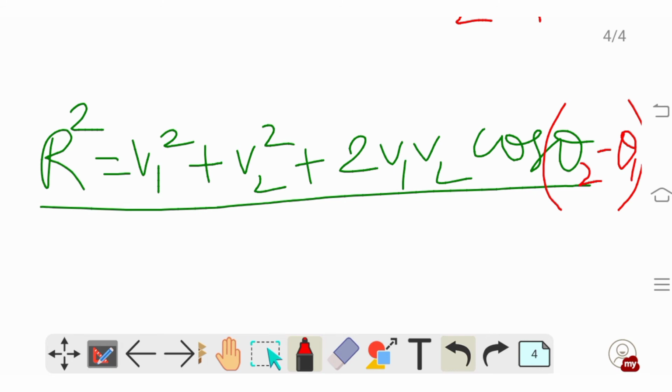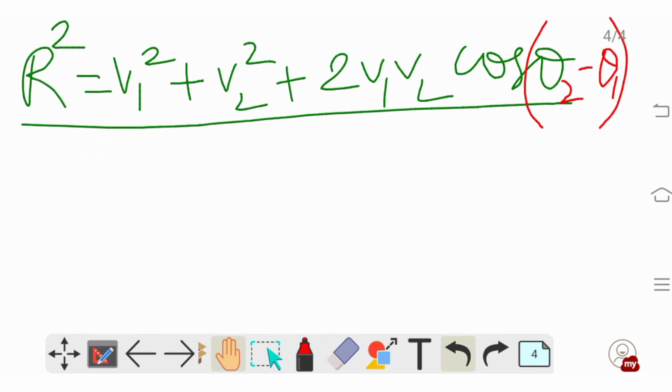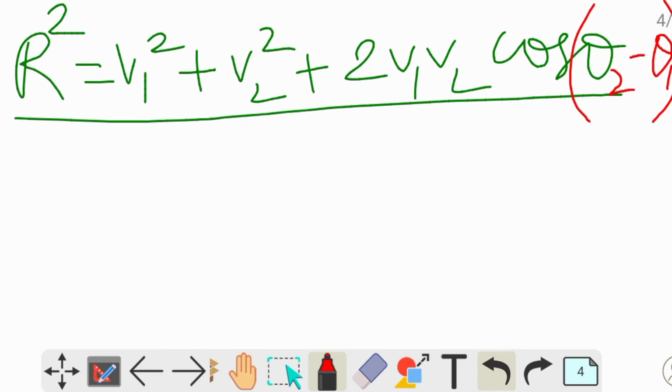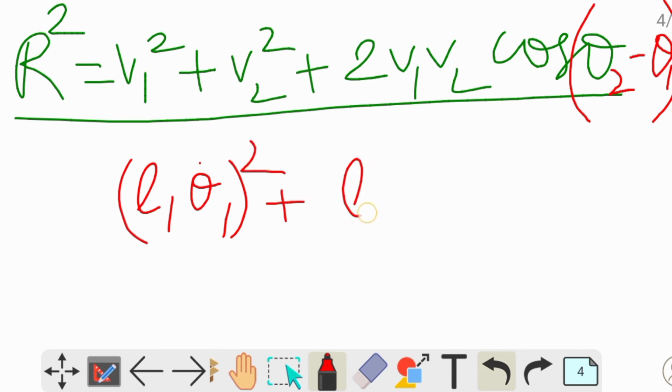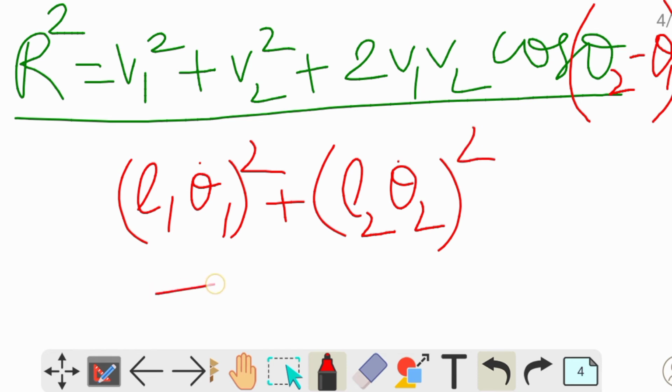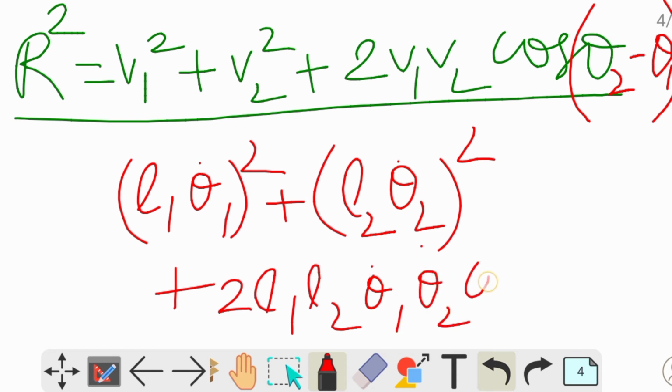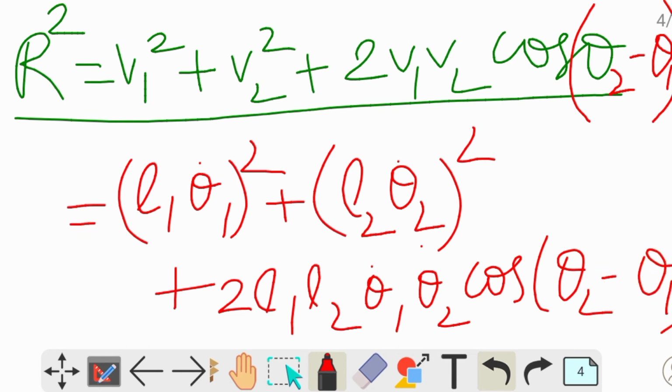The rest everything remains the same, but the velocity for the first pendulum is L1 theta 1 dot, so it is squared, and for the second pendulum it is L2 theta 2 dot squared, plus 2 L1 L2 theta 1 dot theta 2 dot cos of theta 2 minus theta 1. So this is the value for the resultant velocity, let us suppose capital V square.